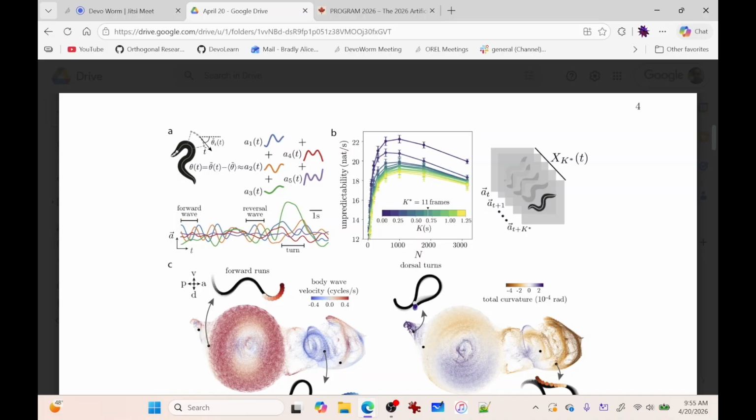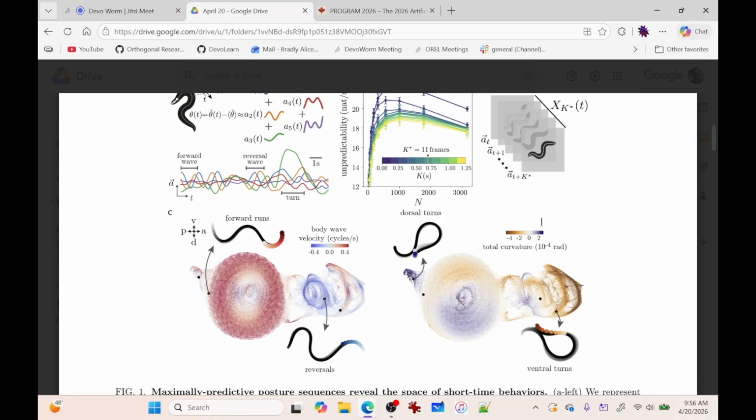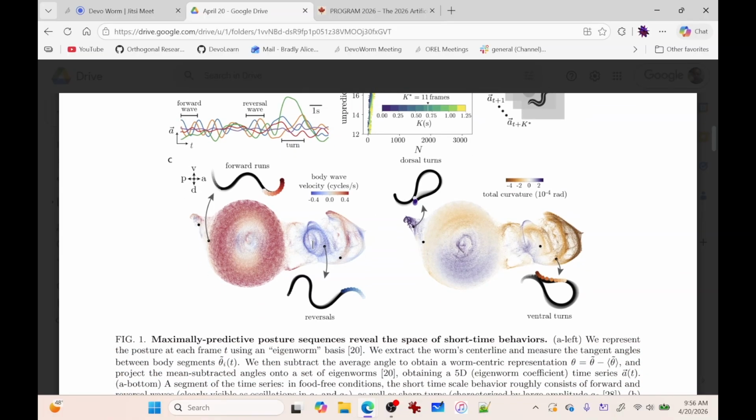So a forward wave, a reversal wave, and a turn. And then they calculate this out from these images. So different postures at different time points, and then they try to infer the movement from those discrete observations.